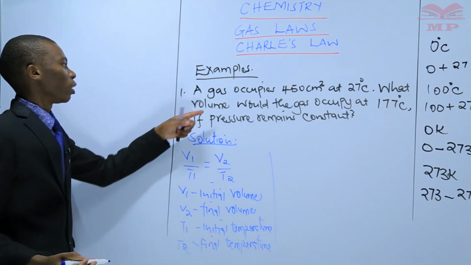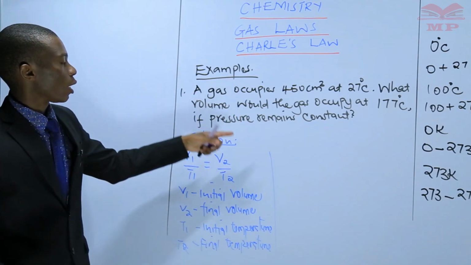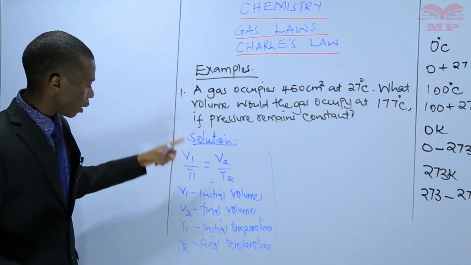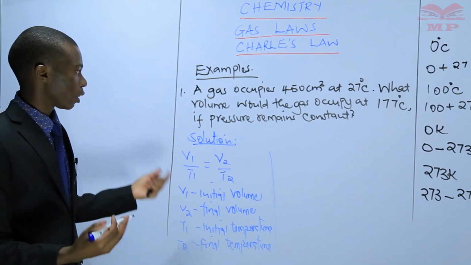Therefore, in this calculation, you can isolate V1, T1, T2, V2 like that.